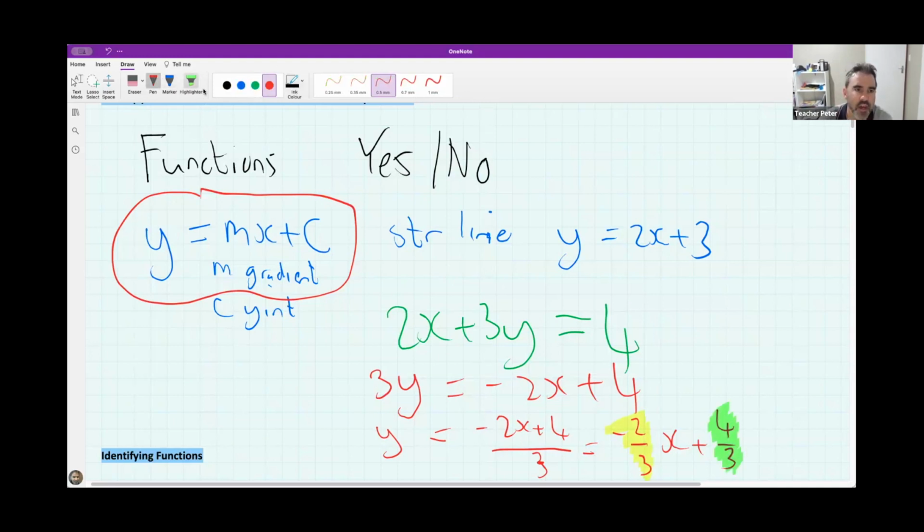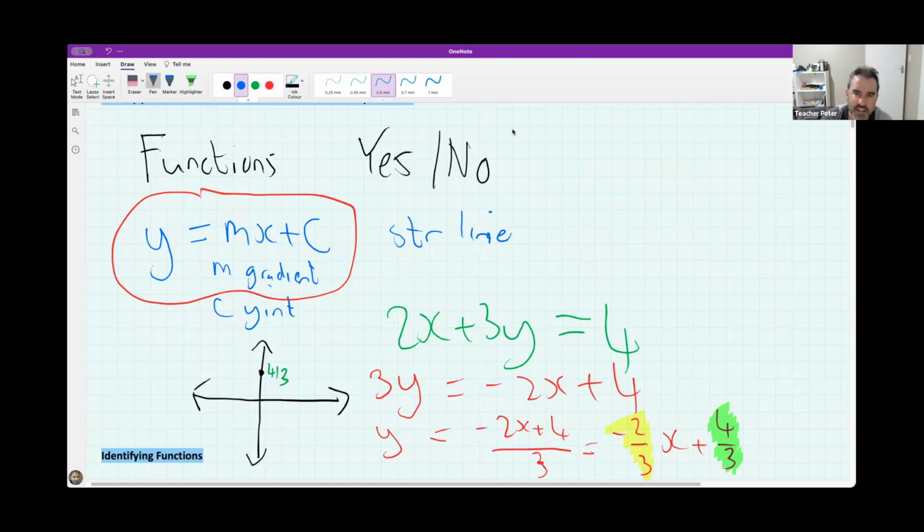Okay. If I had to visually draw this straight line, I would need 2 points to draw it. The 1 point is the y-intercept, so it's going to be 4/3. So I'm going to put that there. That's 4/3. But I need another point to draw this straight line. What we normally do is we find the x-intercept.